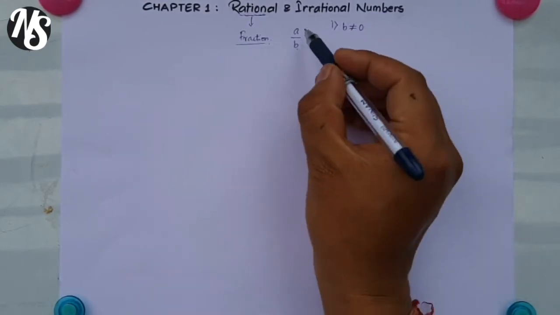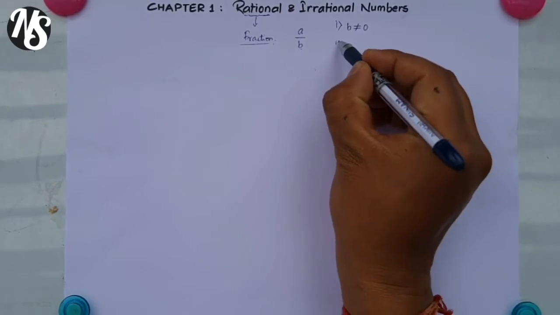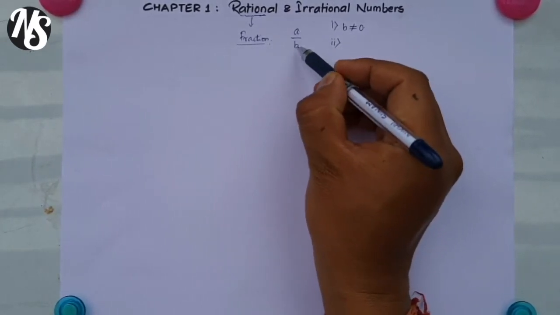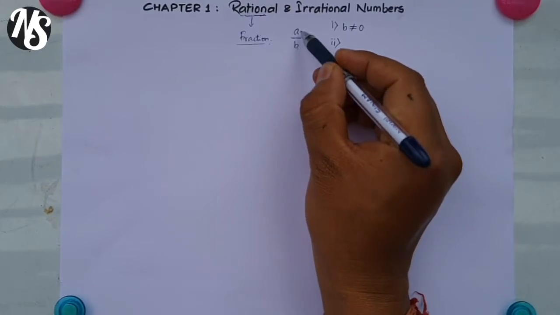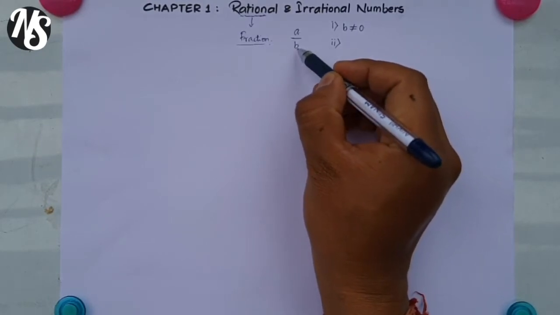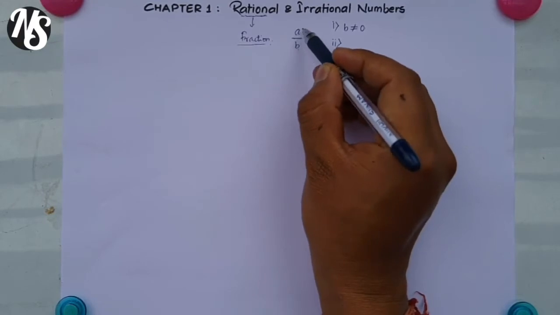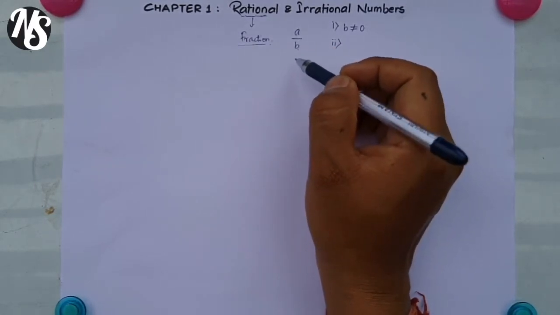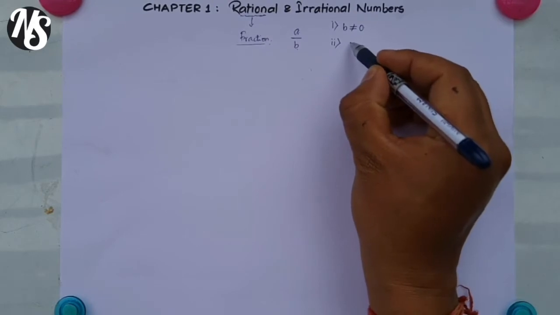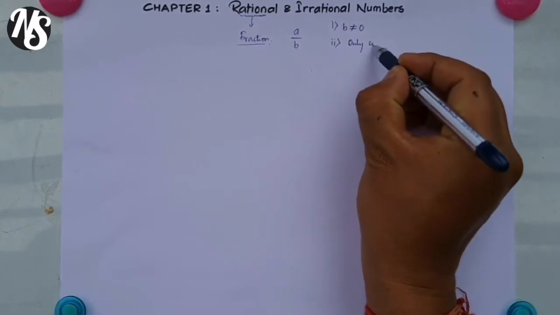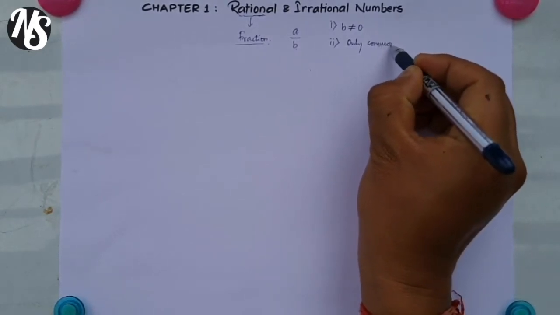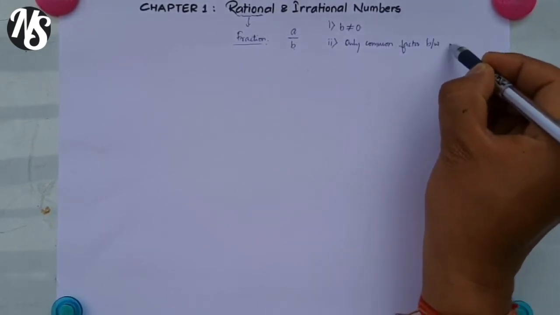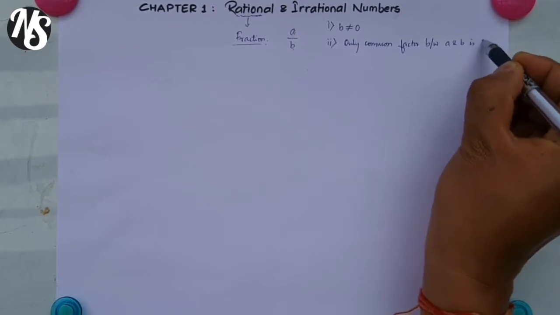And one more thing, number 2: if you factorize a and b, there should not be any common factor. The only common factor between a and b is 1.